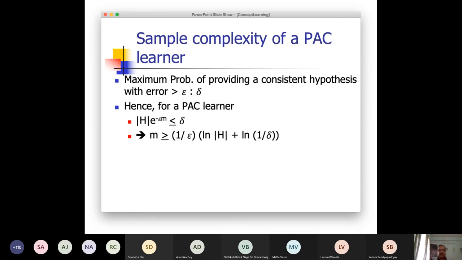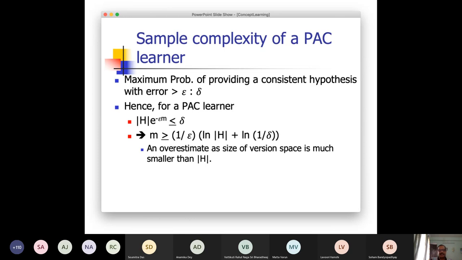So if your epsilon is very small, you require more training samples. If your delta is very small, you require more training samples, but the rate of increase is different, right? There it is logarithmic. Similarly, the increase in the number of training samples is also proportional to the size of the hypothesis space, but that is also on a logarithmic scale.